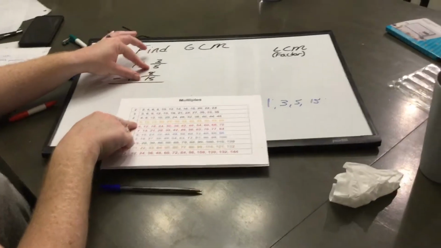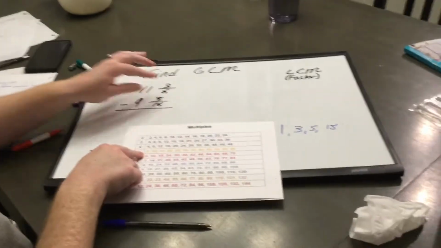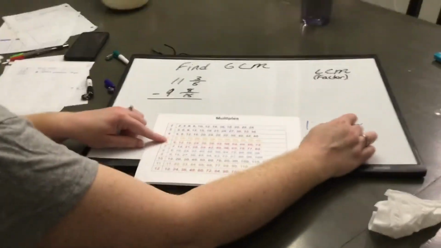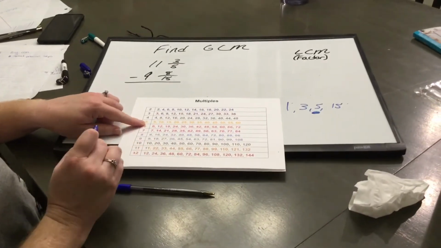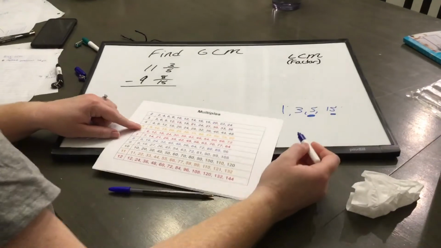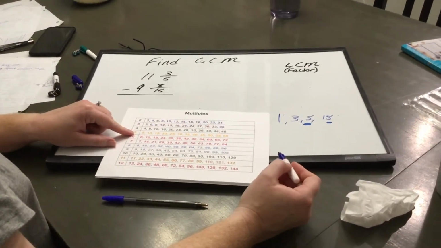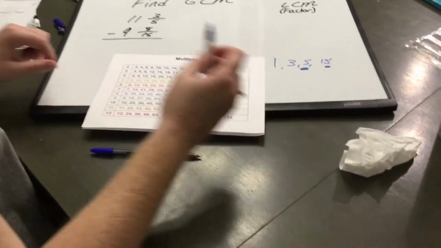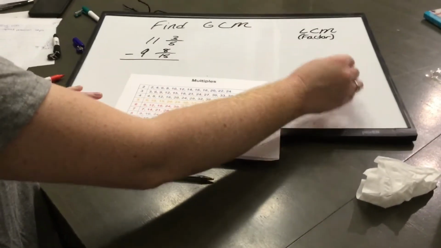So if we look at our 5, it has a 5, and so does 15. 5s also have a 15, and of course 15 does. We're looking for the biggest number. Our biggest number is going to be our 15.